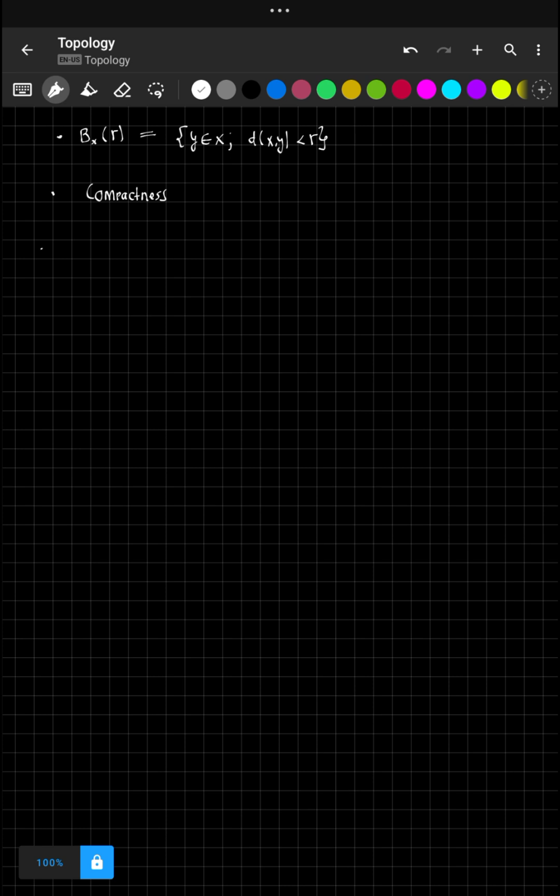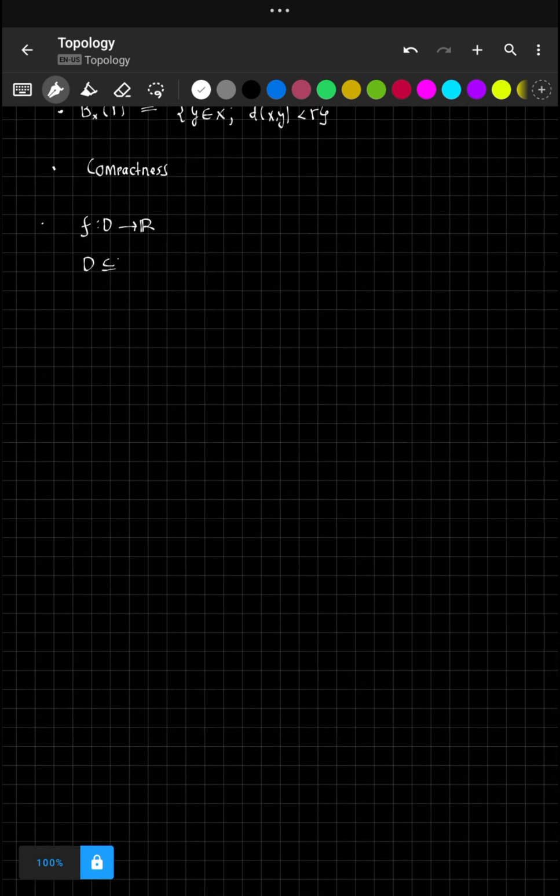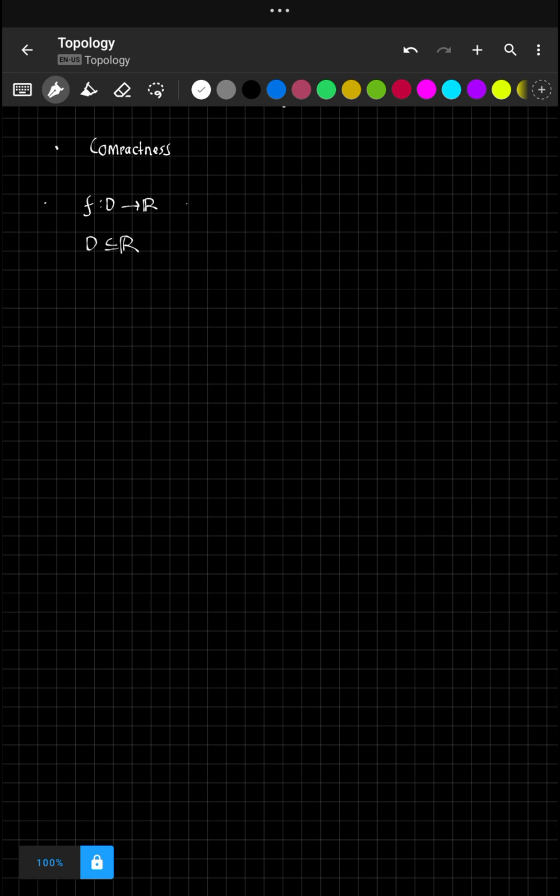Say we have a function from a domain D to R, where D is a subset of R, and this function is continuous.